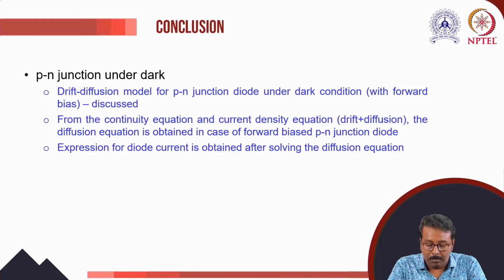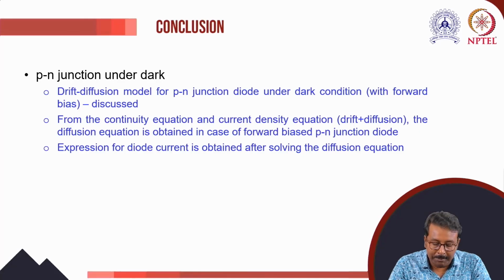So we have derived the expression for current in a PN junction diode under forward bias, which can be used in the model equation for solar cell to write the dark current component.